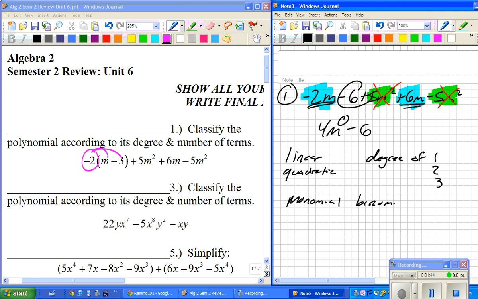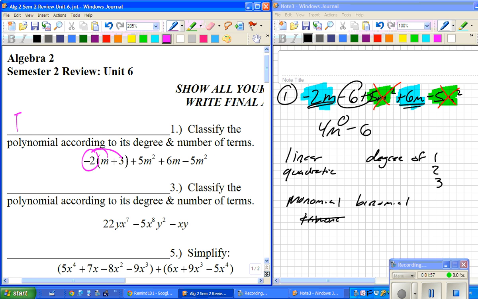Is it a binomial? Trinomial is another one that we talked about. Okay, but when it gets down to it, this is a binomial with a degree of 1.